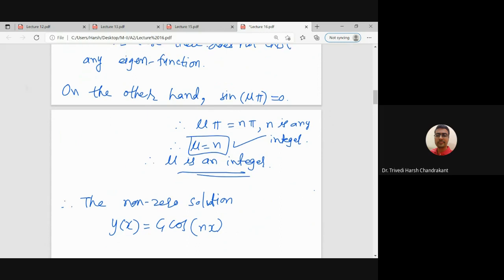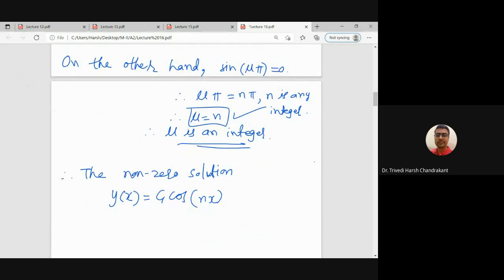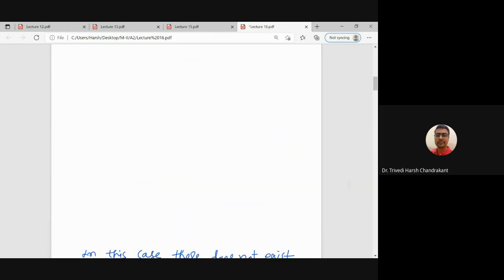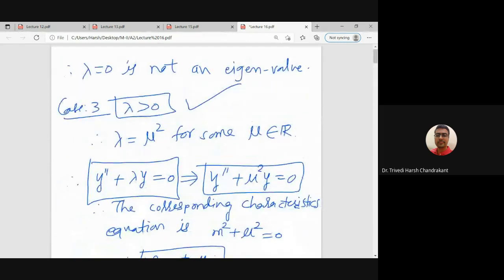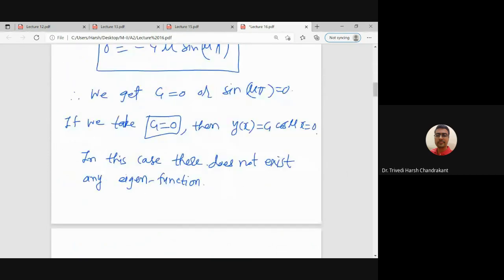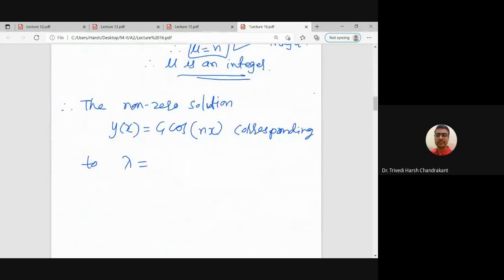And corresponding to lambda is equals to, so what is lambda? Lambda is equals to mu square in this case, right? We started with case 3, in which we have taken lambda is positive, and we assume lambda is mu square for some mu, and this mu turns out to be n, so that means lambda is n square, right?